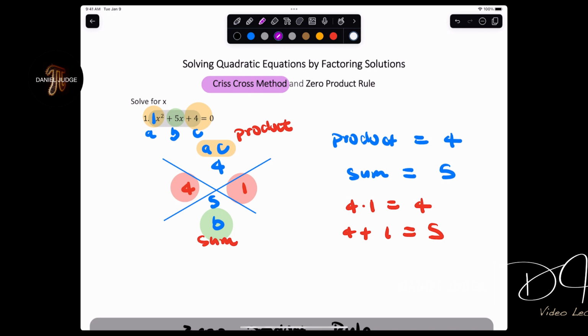Okay, and you have a quadratic. So this is what you're using to factor. And then this is what you're using over here, the zero product rule, to solve the quadratic. So let's make sure that's clear. All right. Okay, so this is what we're going to do today for this.